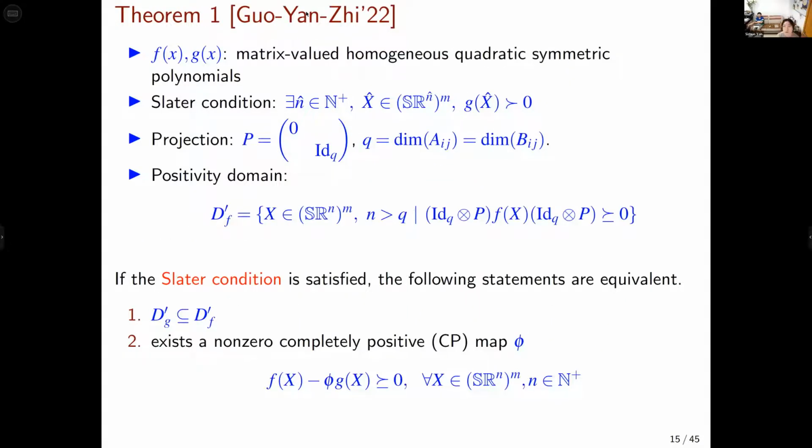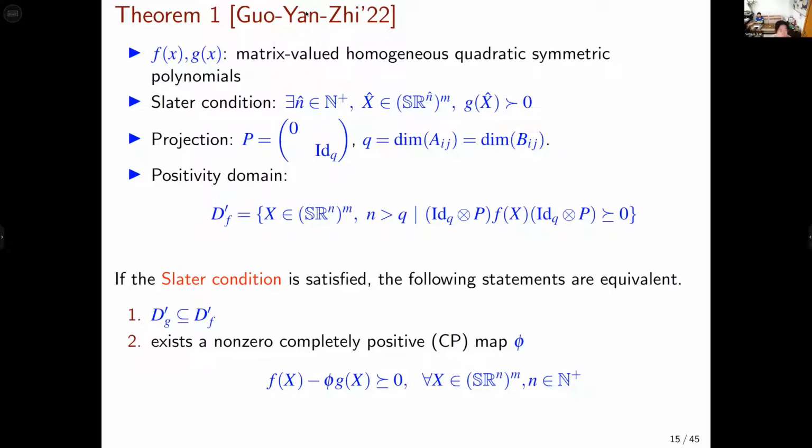So that is our main result, the first main result, Theorem 1. First, f and g are matrix-valued homogeneous quadratic symmetric polynomials. And then the Slater condition: there exist n hat and x hat such that g(x hat) is positive definite.